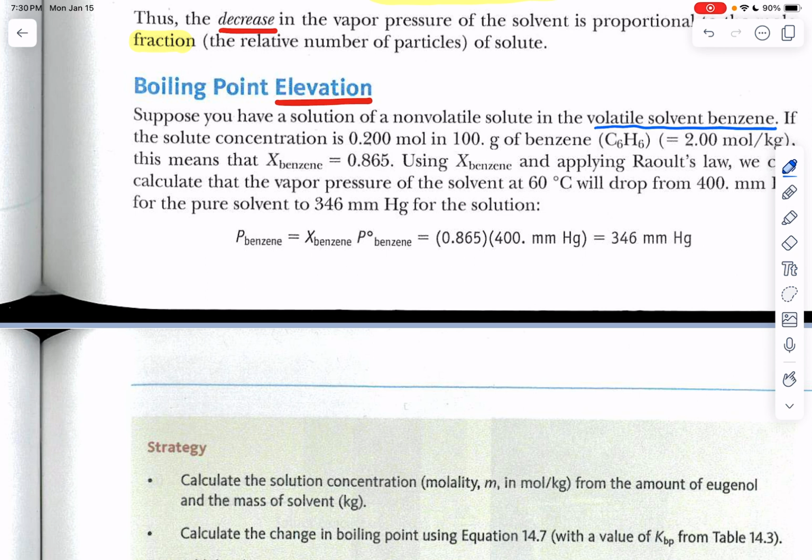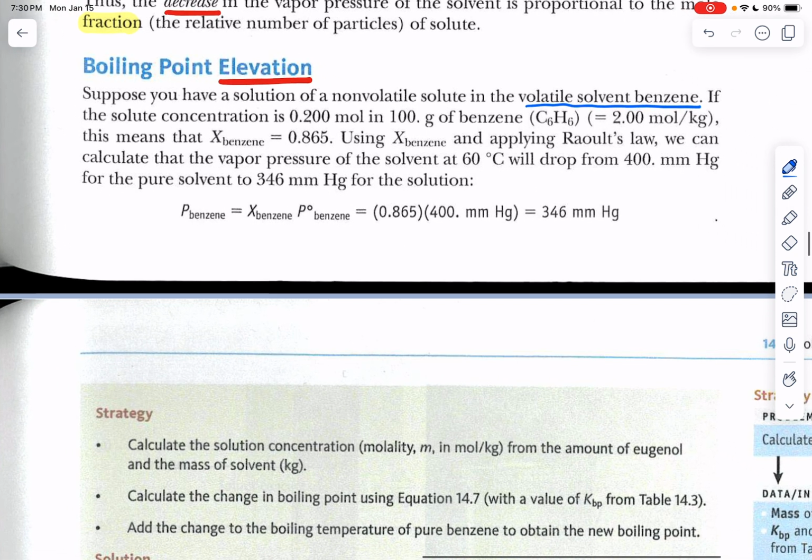Benzene does evaporate, so all of the pressure above the solvent in the closed container will be due to the benzene. Now, if the non-volatile solute is in the quantity of about 0.2 moles per 100 grams of benzene, that gives us a mole fraction of benzene of 0.865.